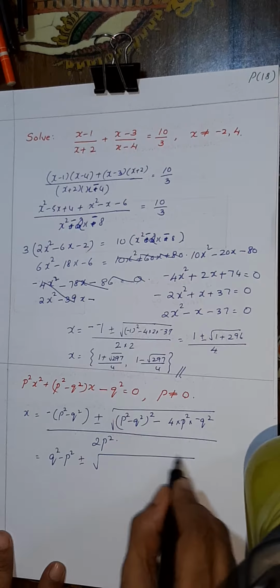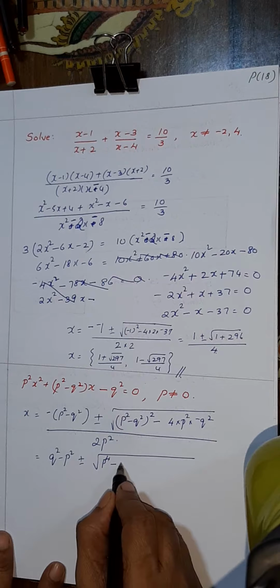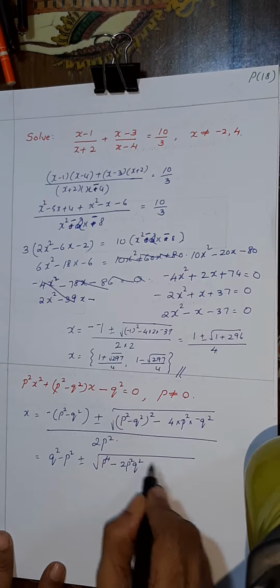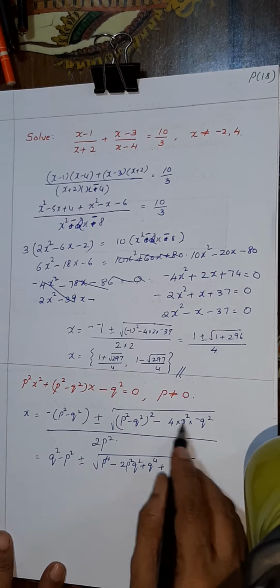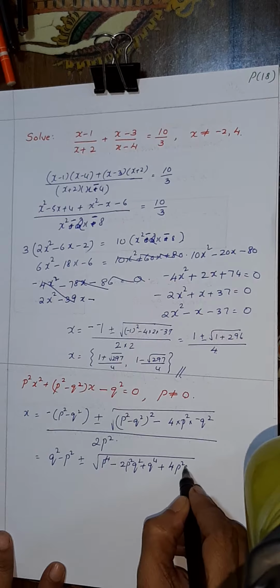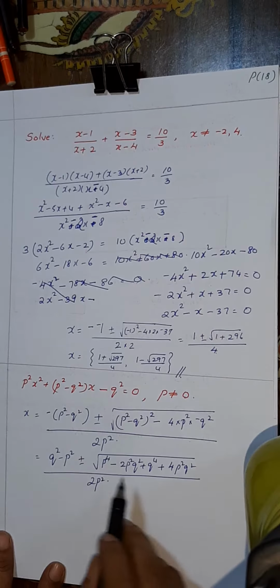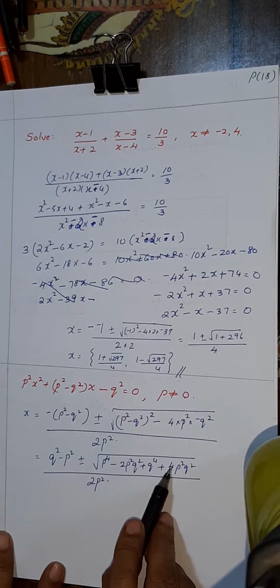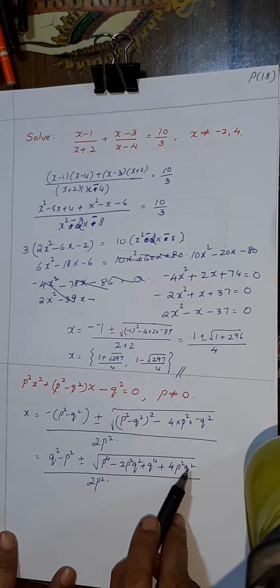So this will expand to p to the power of 4 minus 2p squared q squared plus q to the power of 4, plus 4p squared q squared, by 2p squared. Now minus 2p squared q squared plus 4p squared q squared will become plus 2p squared q squared.